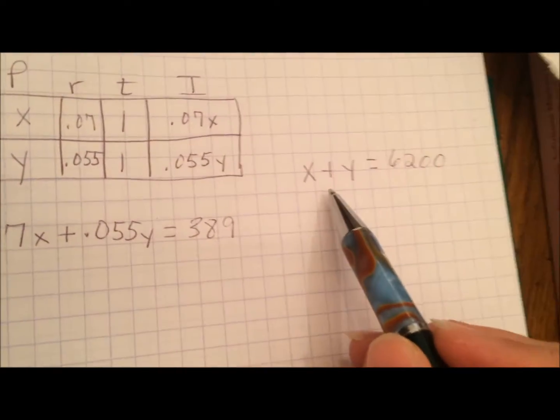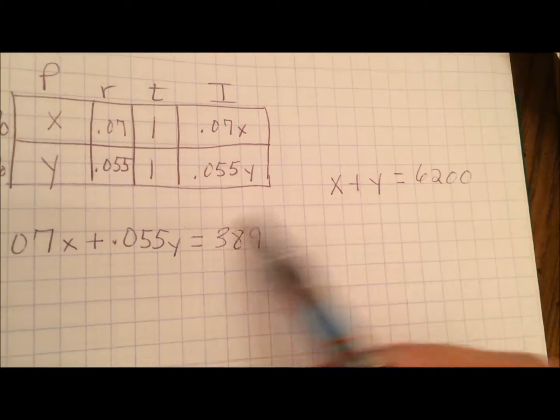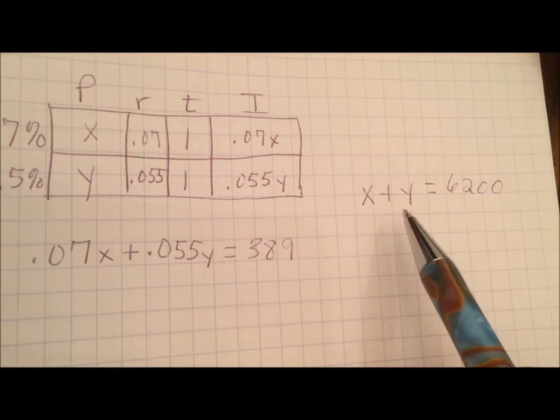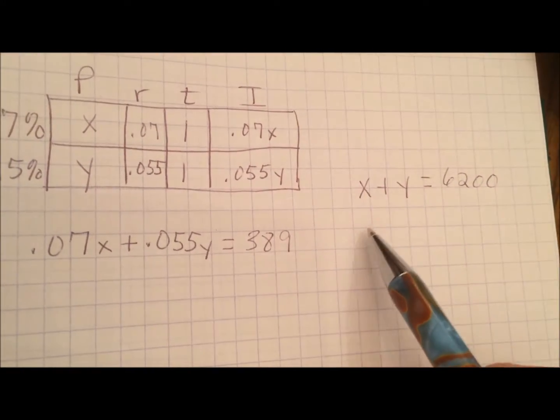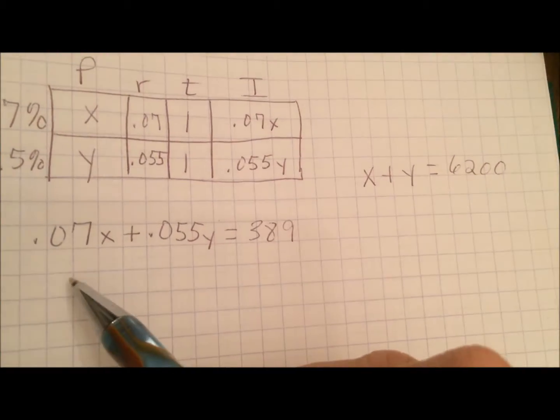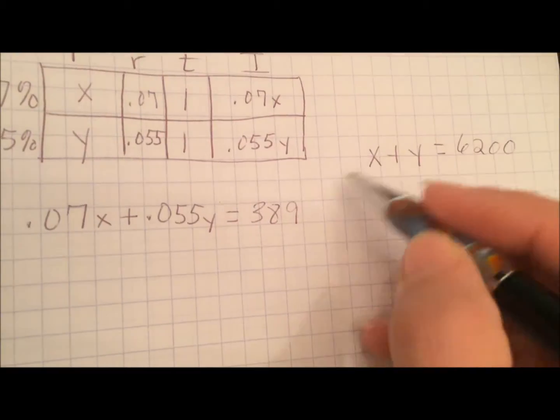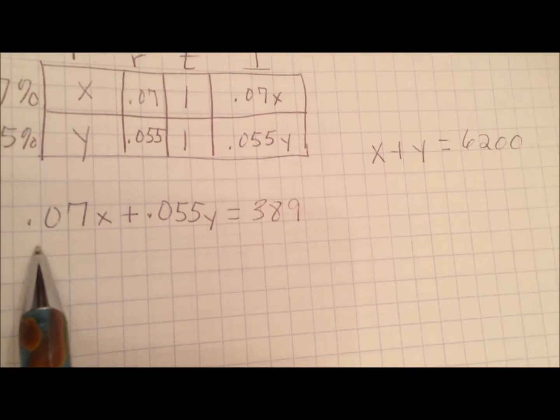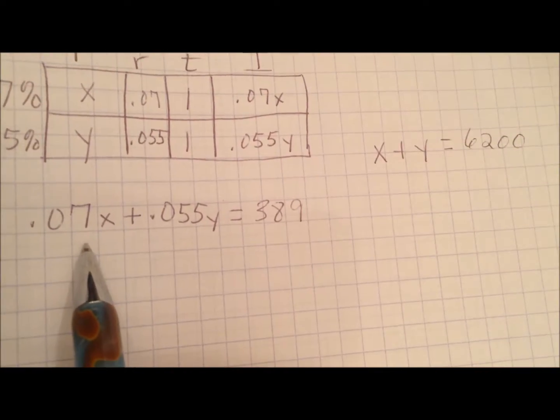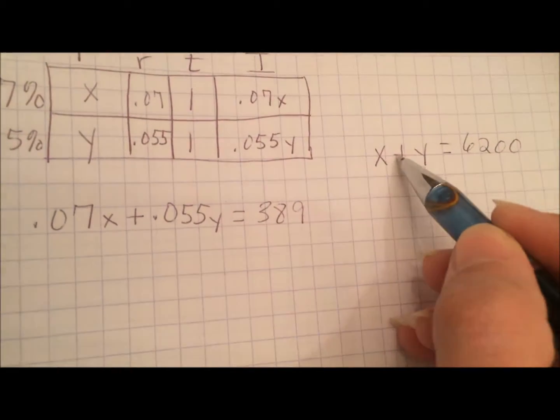So we have the choice. We can solve for one of these and plug it in here, or we can do the addition method and bring this down underneath here. So if we wanted to multiply everything by a negative 0.07, we could do that.